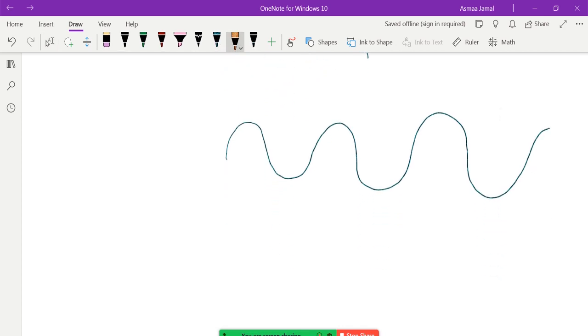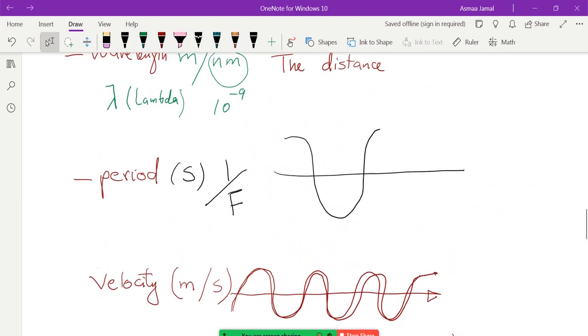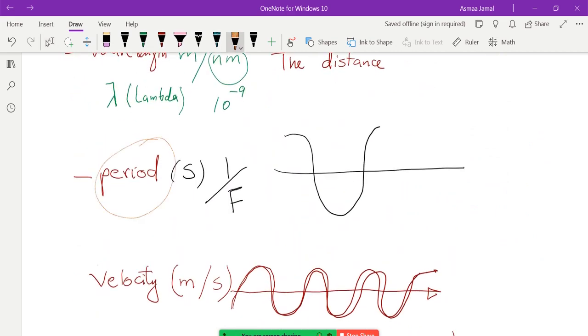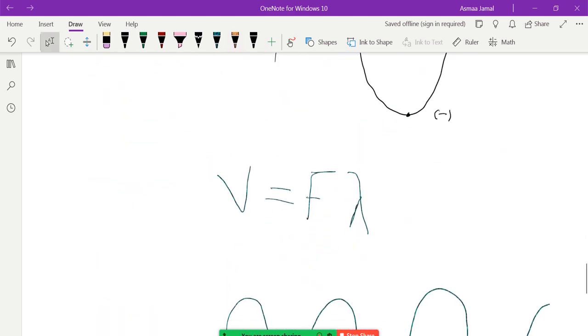So they are inversely proportional. And if you remember, we said the period is the inverse of the frequency, which means frequency also equals 1 over the time, or the period.